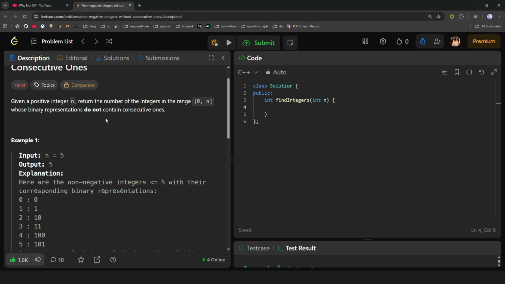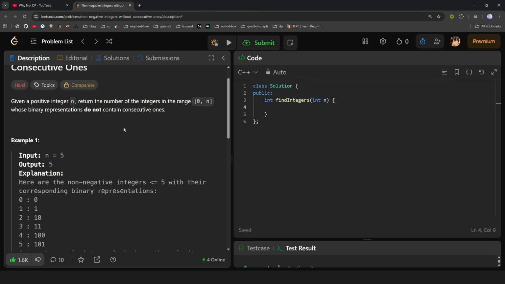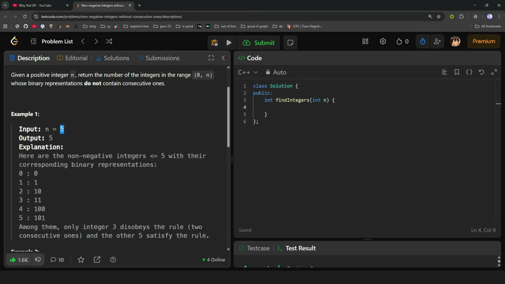But in this problem here, the binary representation is important. That is, if the value of n is 5, then the integers will be from 0 to 5, right? Instead of being worried about these integers, we are worried about their binary representation, that is, whether it contains consecutive ones or not.